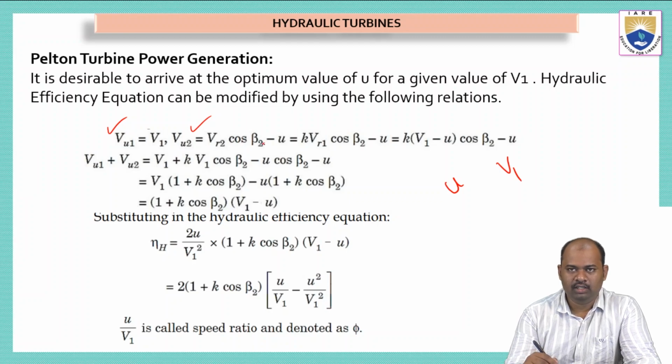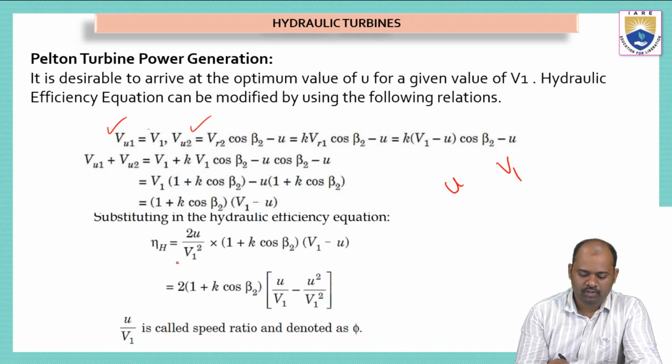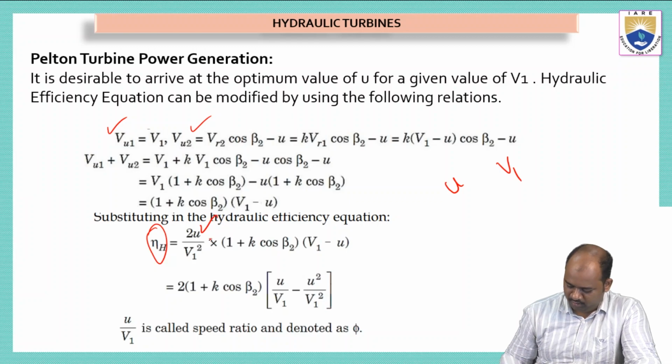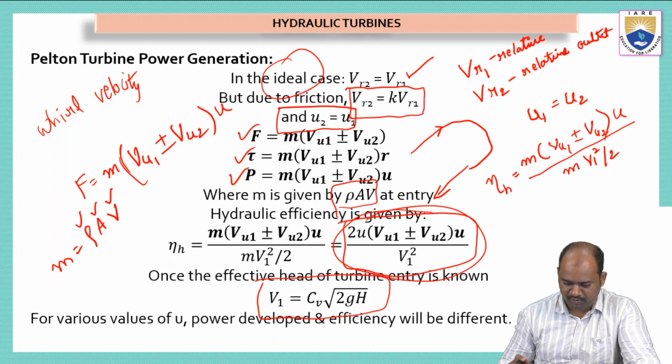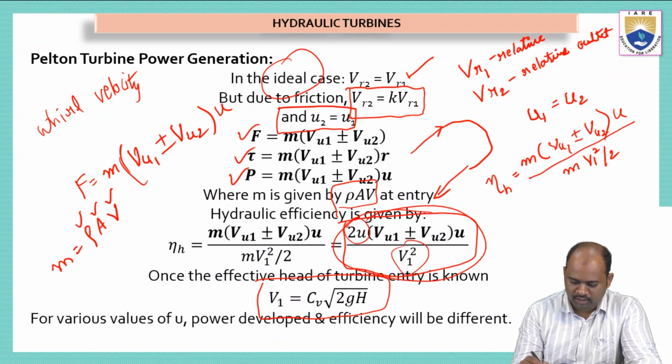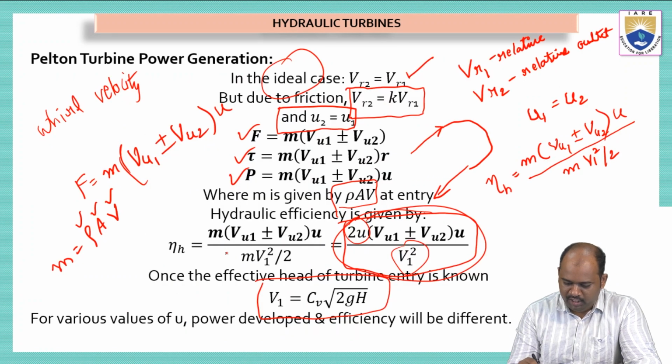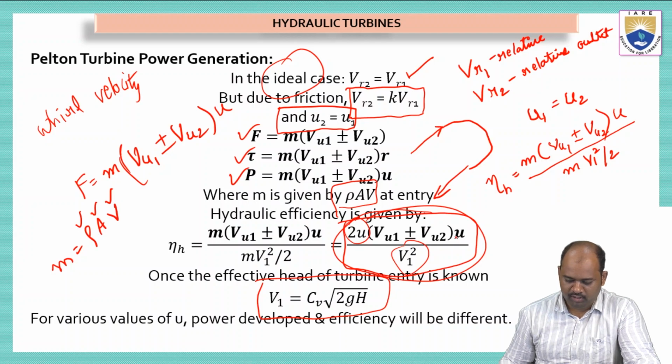This can be done with the help of the velocity triangle diagram, and we calculate these values and finally arrive at this result. So the hydraulic efficiency is equal to 2u divided by V1 square, as in the formula in the previous slide. These two are constant, they are not changed, and in place of (VU1 plus or minus VU2) multiplied by the velocity of the bucket.